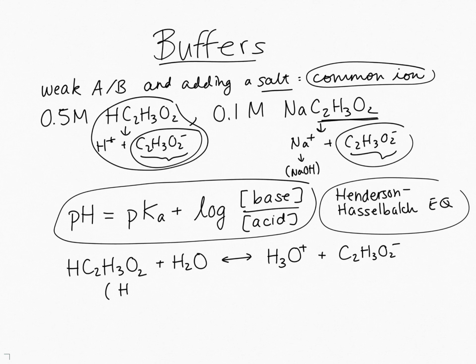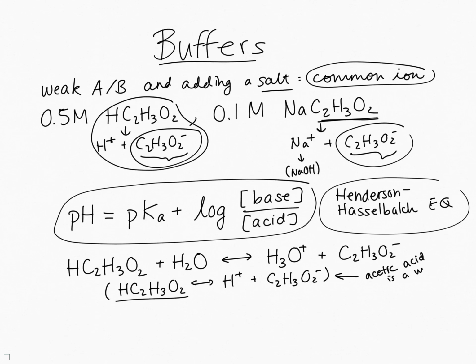So another way we can write this is HC2H3O2, and it's going to dissociate into H plus and C2H3O2 minus, our acetate ion. Now the important thing to remember when we're writing it this way is that acetic acid is a weak acid.